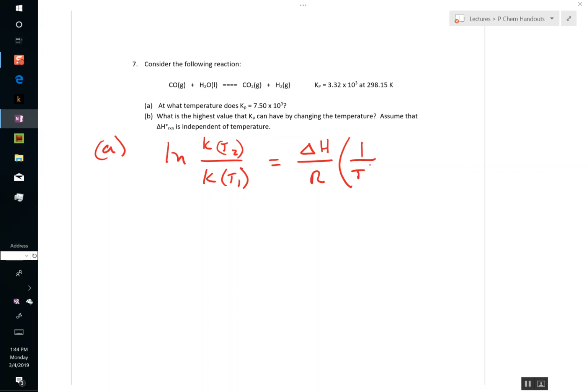It's the K at temperature T2 divided by the K at temperature T1. The natural log equals the delta H over R times 1 over T1 minus 1 over T2. Is this negative? It looks like the same equation as before, but I suppose the natural log is flipped. It's like the one you showed earlier in class. I think that's why we got T2 first here and T1 first here. I think it is flipped. Yeah, it got flipped.